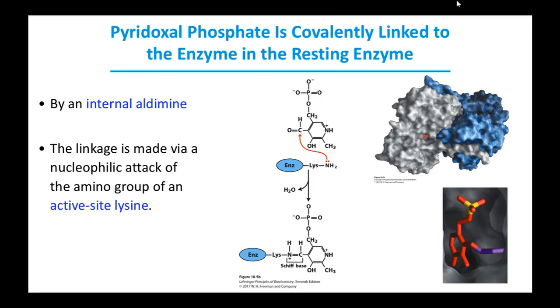In that case, that was to fructose bisphosphate in glycolysis. But here we're going to do it with an aldehyde and generate that Schiff base, which you can see down here, the N+ double bond C, this imine group. So that's how we're holding it in the enzyme.